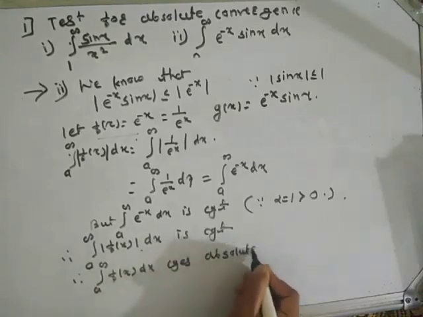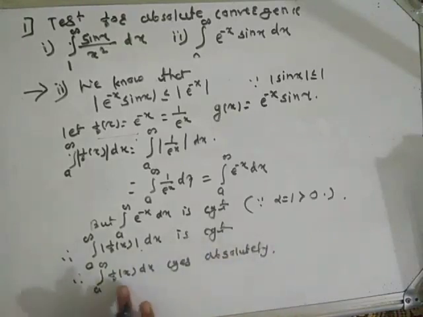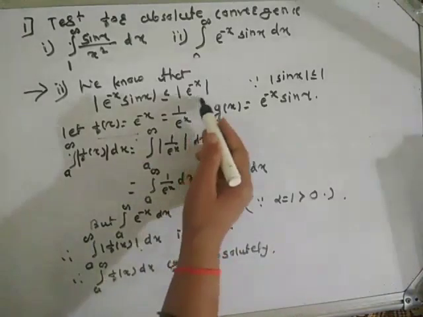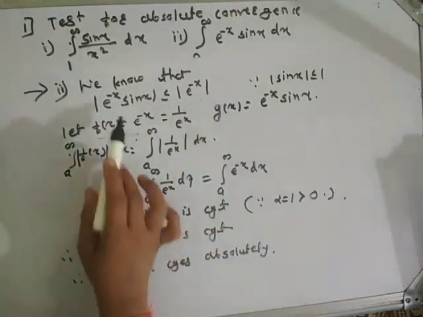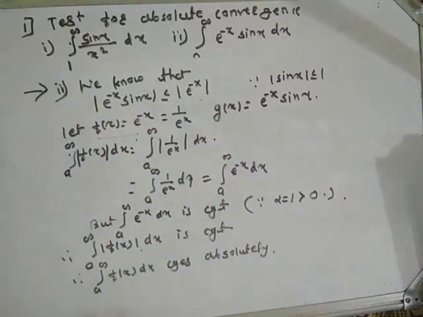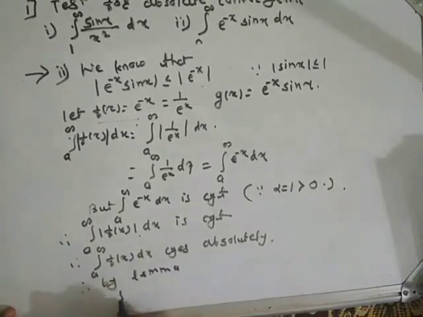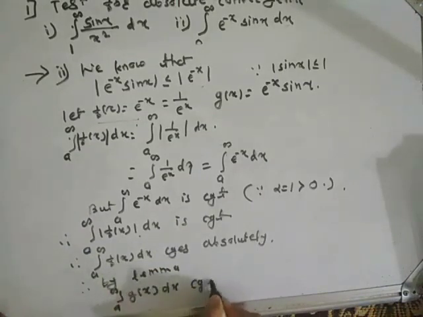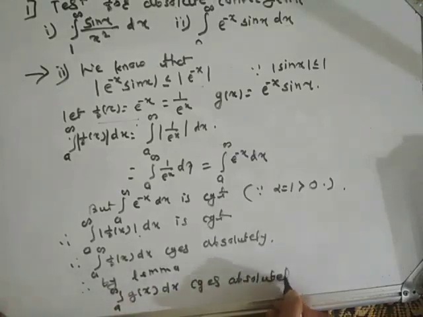So here we get integral f of x dx converges absolutely, and g of x is less than or equal to f of x. Therefore, by the lemma we get integration from a to infinity g of x dx converges absolutely.